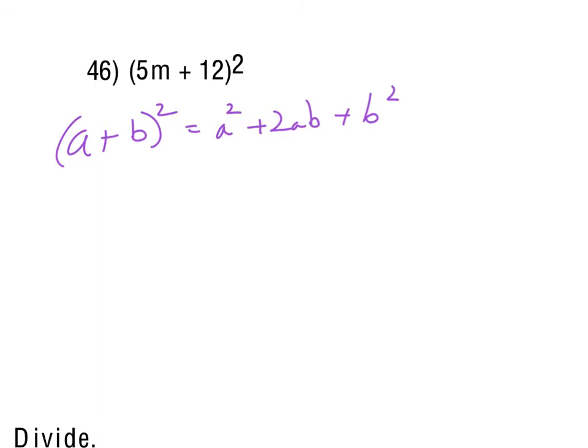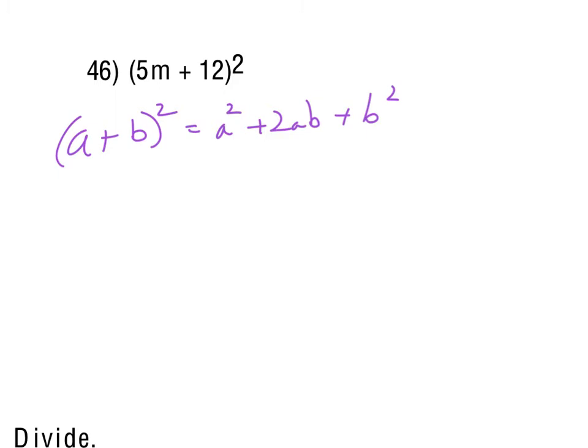Again, what happens there is you're multiplying 5m plus 12 by 5m plus 12. So you have a 5m times a 12 and a 12 times a 5m. You have that twice. What people mistakenly do is they try to distribute that exponent, but exponents do not distribute over addition or subtraction. Exponents do, however, distribute over multiplication and division.